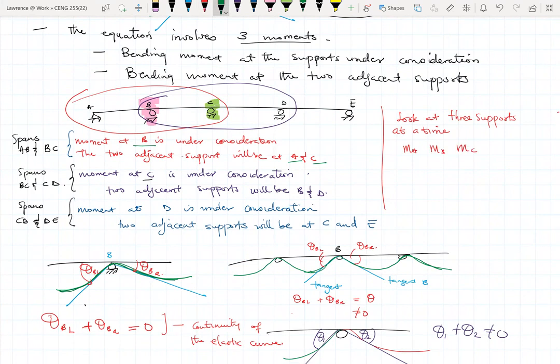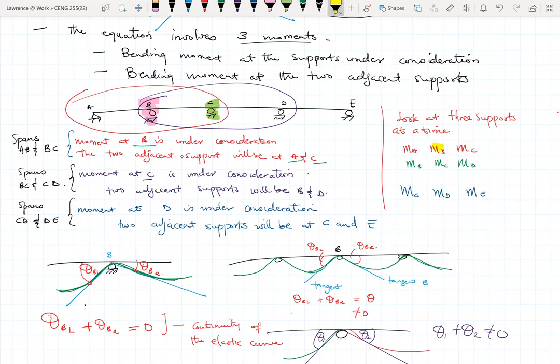But if you use span BC, CD, then you're looking at M_B, M_C, M_D. So what used to be your M_A now becomes your M_B, and what used to be your M_B becomes your M_C, and then it goes on. Now, if you look at span CD, it becomes M_C, M_D, M_E.